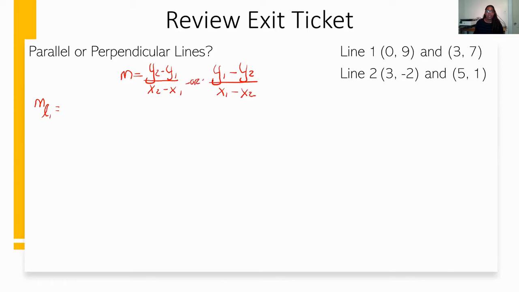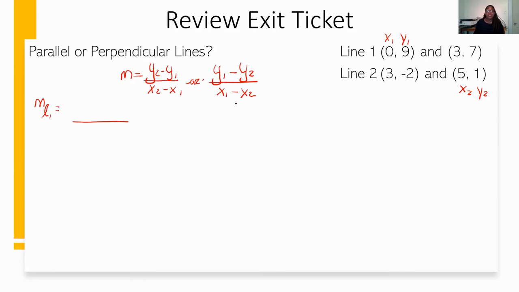Either way, we should get the same and correct answer. The first point we see gives my x sub 1 and y sub 1, and the second point gives my x sub 2 and y sub 2. So let's plug them in.